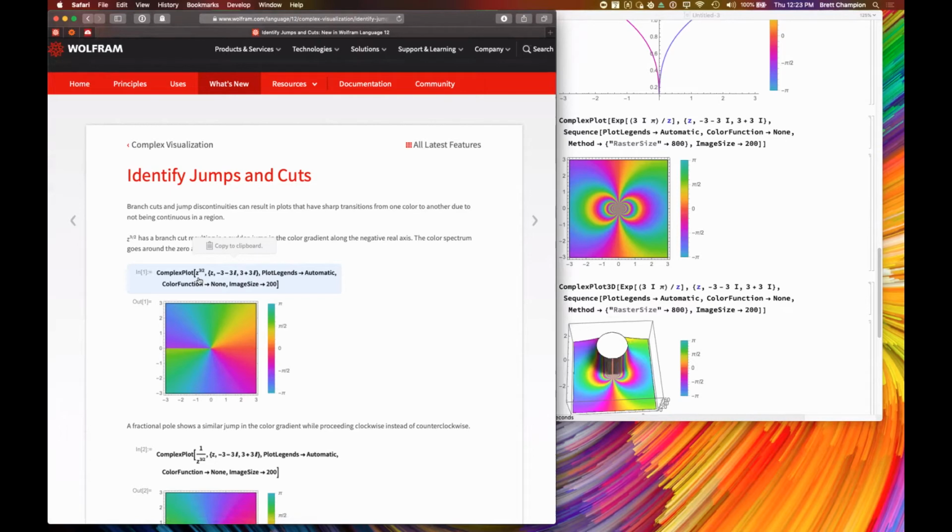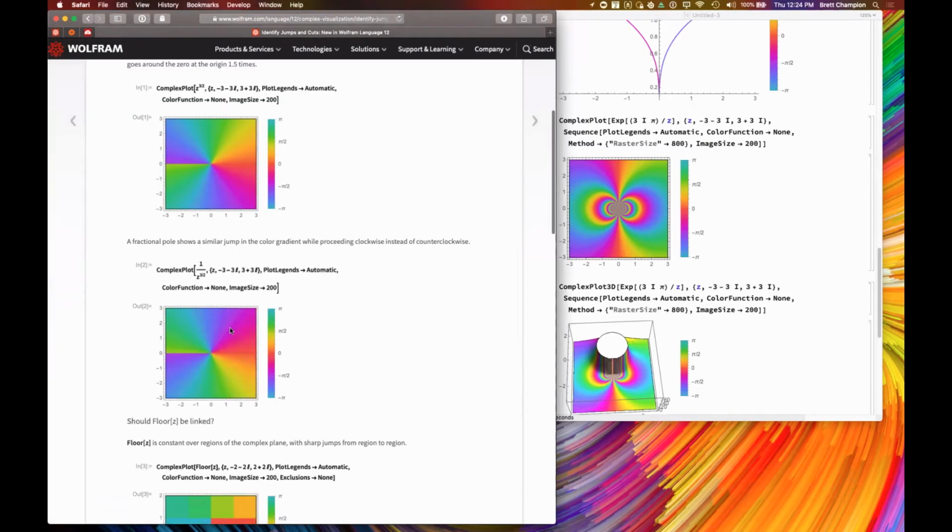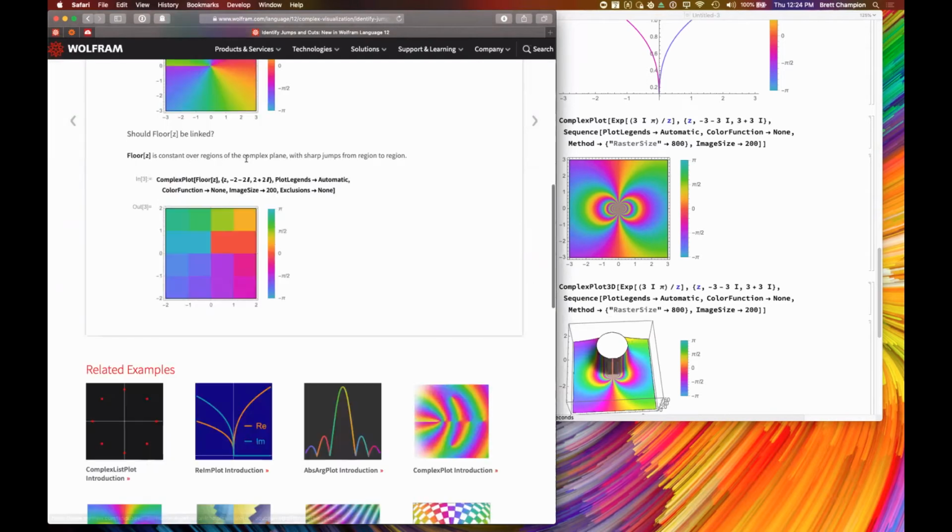We go from turquoise through to turquoise one time, and then we've got a little bit extra that shows up, so it really behaves like we saw for a 0 of order 3, even though it's a fractional power in this case. And the same thing for a pole, you get the same behavior but going the other way around. There's a thing that shouldn't have made it into the web page. Comment for the authors, I guess.